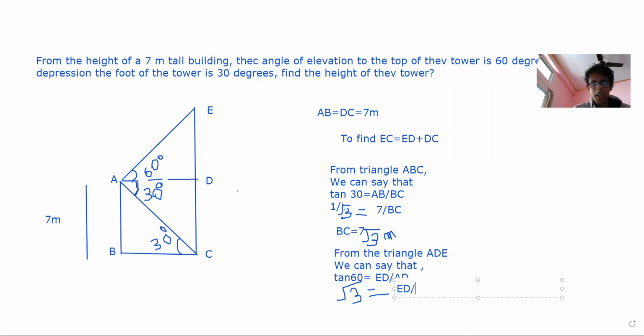ED divided by AD. AD we know, this AD is equal to BC. So we will write 7√3.